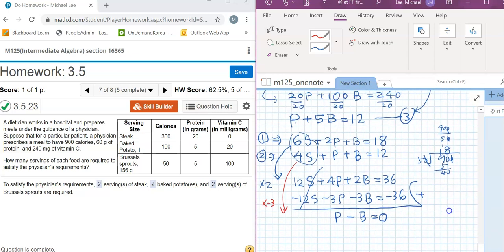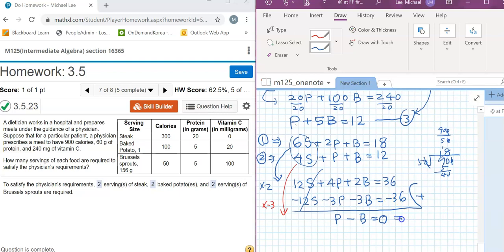What is P minus B equals 0? That means P is the same as B. So the number of servings of P and the number of servings of B should be the same. Now I want to substitute P equals B into equation 3.